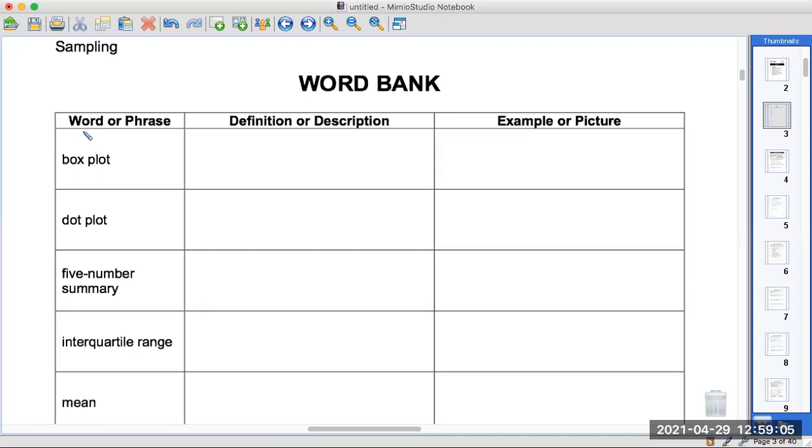And one of the ways to display data is in a box plot.